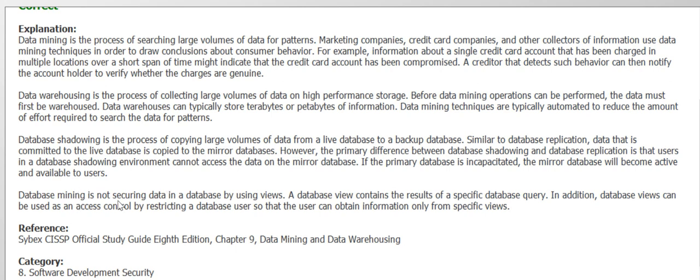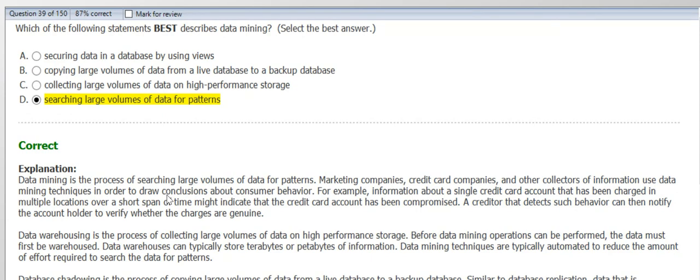Data mining is not securing data in a database by using views. A database view contains the results of a specific database query. So data mining is the process of searching large volumes of data for patterns. Okay, that's all for today. Thank you.